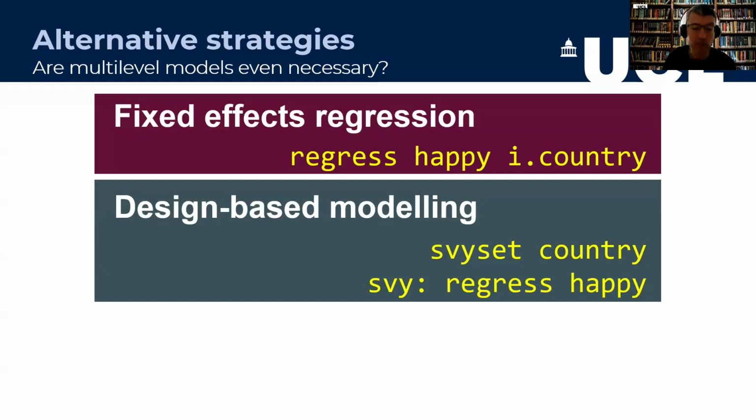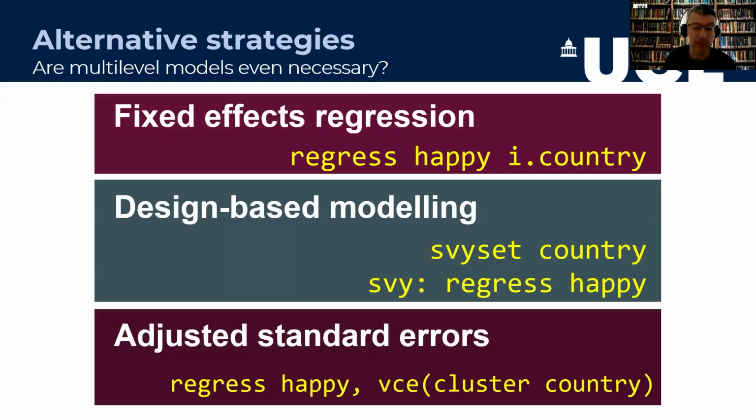Or maybe, if we have a design-based modeling, could we just account for the survey settings? Or, for instance, could we just use a normal linear regression modeling where we adjust for the standard errors and for the fact that the data is clustered within different countries?